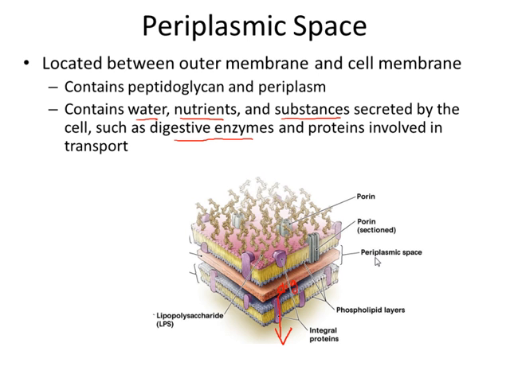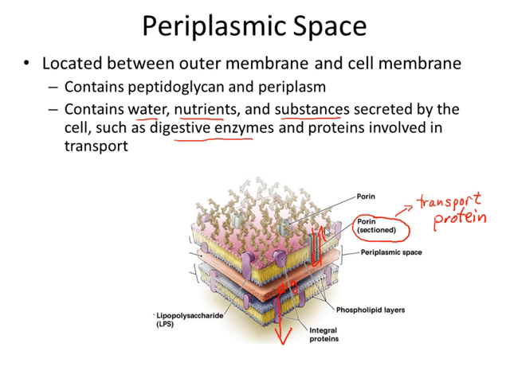One other structure I want to point out, besides lipopolysaccharides, is that the outer membrane itself has a series of proteins called porins. Porins are transport proteins that are going to regulate what gets into and out of the periplasmic space. Now that's going to be important.